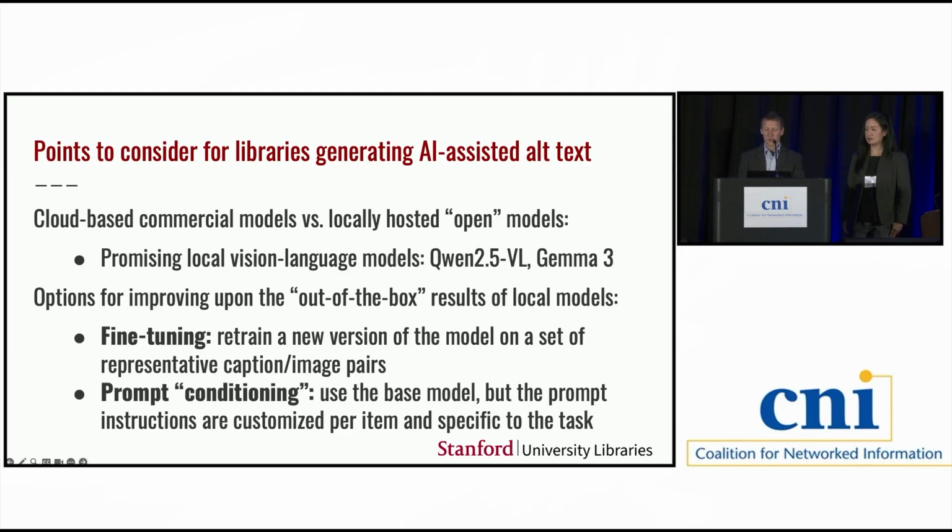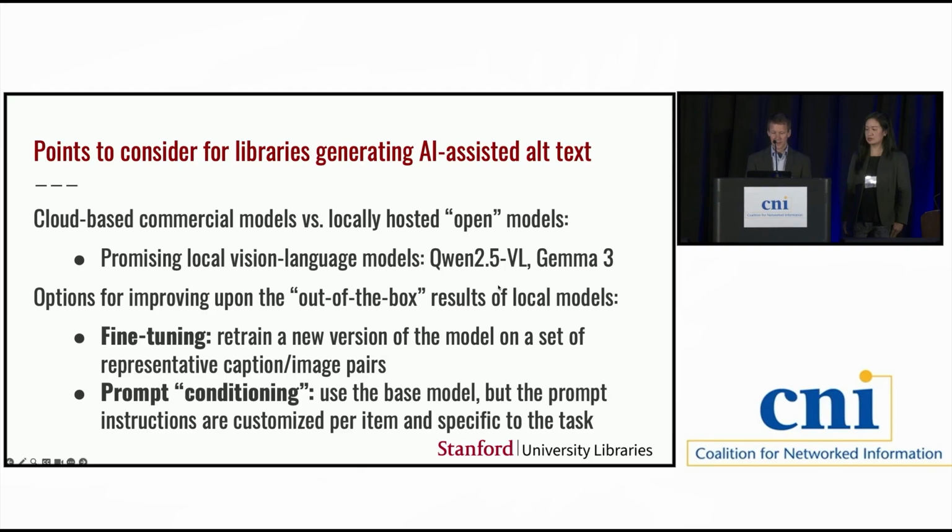So in that case, you can give the model natural language instructions in the prompt that can be customized for each item, so that you're dual conditioning the caption that you're getting with both more input text and the image itself, obviously.